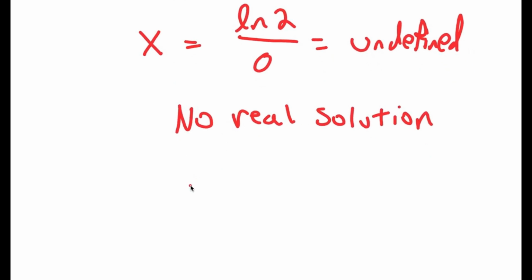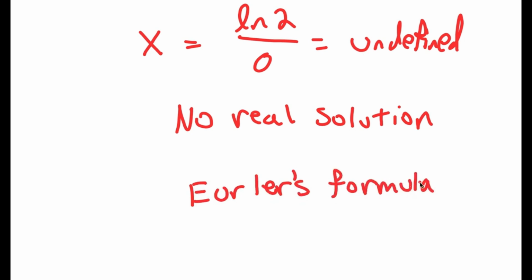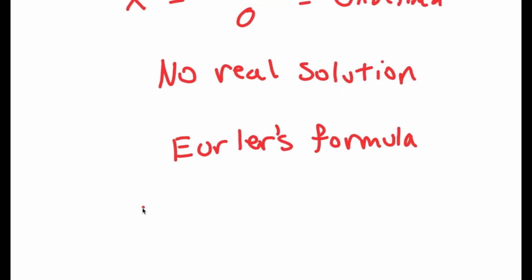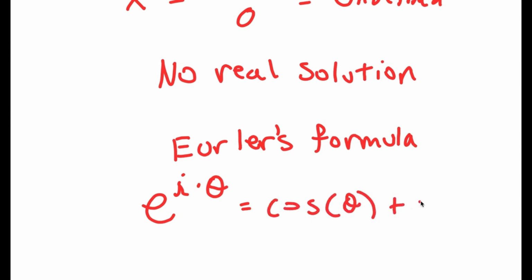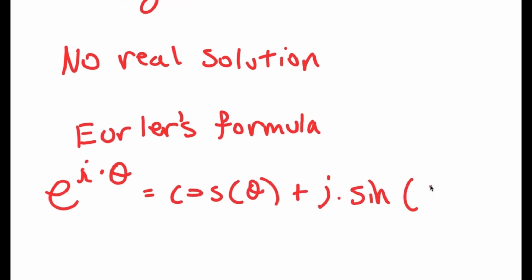So to actually solve this, I'm going to use something known as Euler's formula. And basically what this formula is: if I have something in the form e to the power of i times theta, this is equal to cosine of theta plus i times sine of theta.